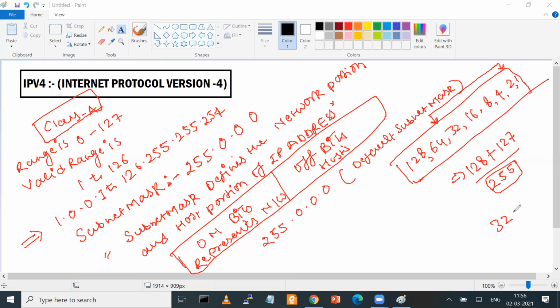32 से पहले क्या आता है? 31. So you got the sum of first 5 bits.